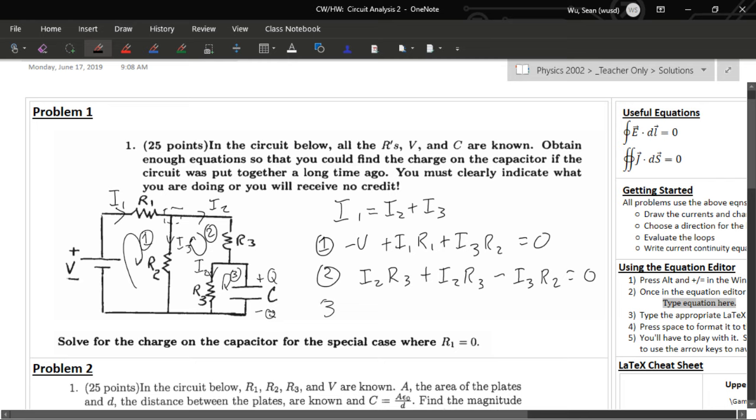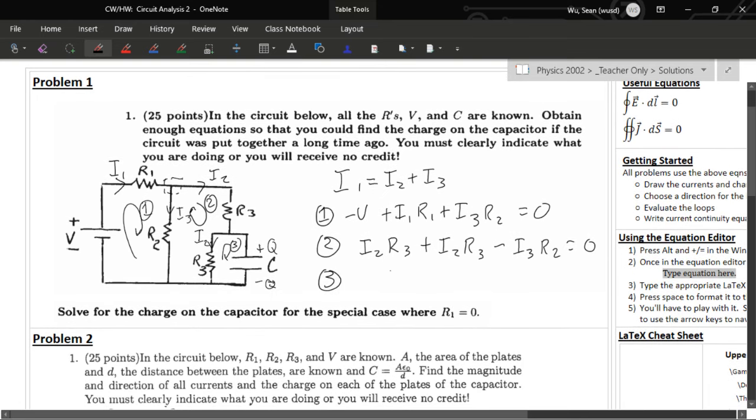The last loop is this one right here, where we're going around clockwise. That gives me a plus Q divided by C, and then a minus I2 R3 is equal to 0.